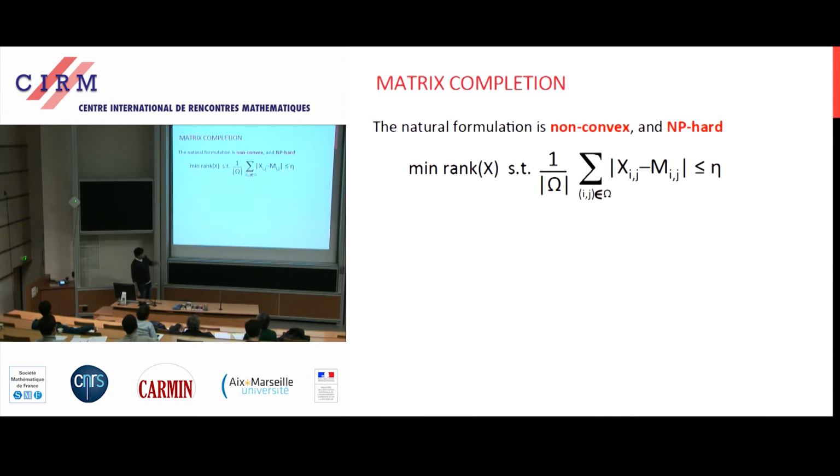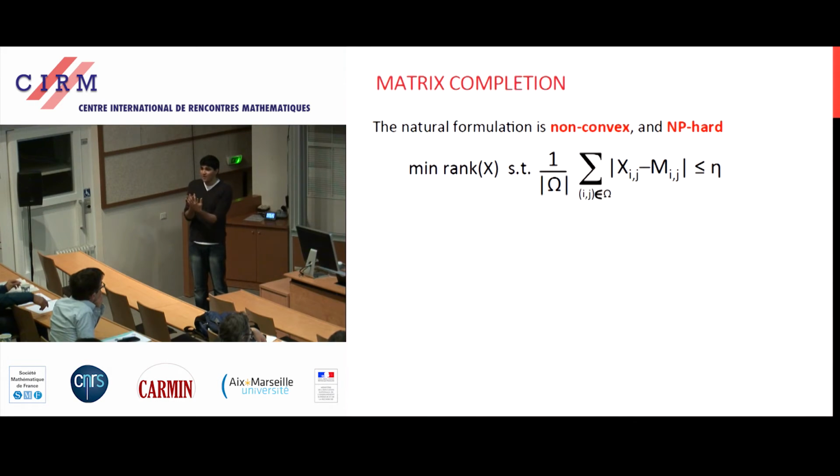And among all such x's, I want to find the one with smallest rank. That's a very reasonable thing to do. This, of course, looks hopelessly non-convex and NP-hard, because taking 2 matrices and averaging their rank doesn't produce something of at most that rank, so it's very non-convex.